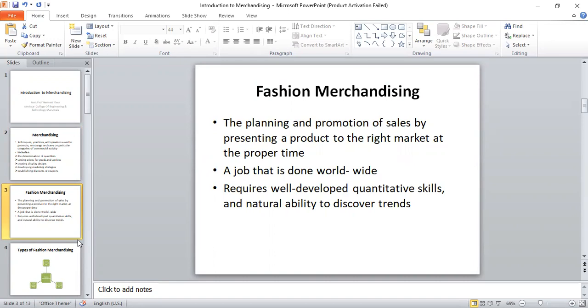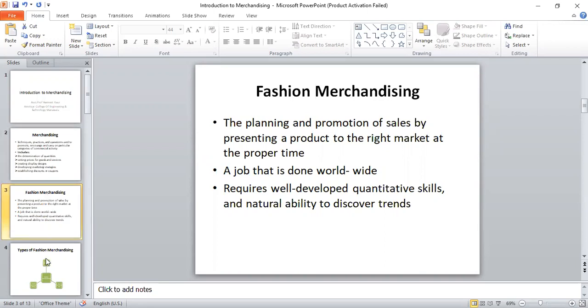The planning of promotion, of sales, of presenting a product to the right market at the proper time, a job that is done worldwide, requires well developed quantitative skills and natural ability to discover. Over the years, merchandising has grown as a discipline in the fashion industry. There have been many changes in job profiles in merchandising.